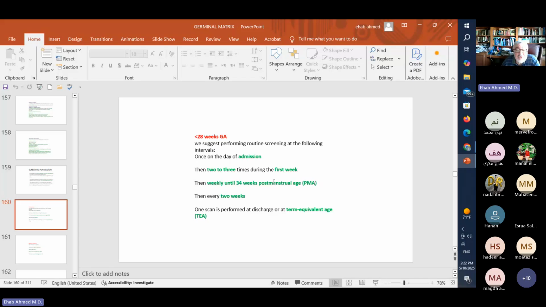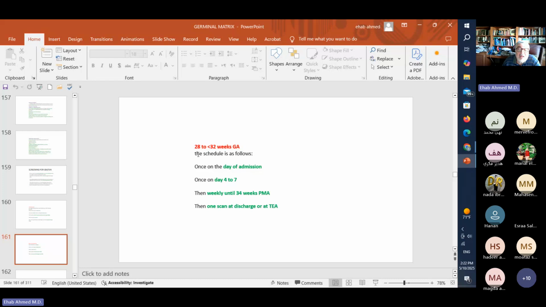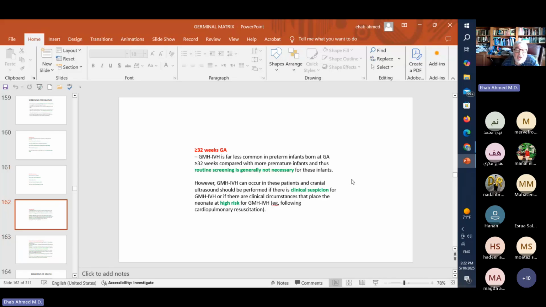If they find hemorrhage, they do it weekly until 34 weeks corrected age, and then every 2 weeks, and then at the time of discharge, or when the baby is corrected term. And if between 28 and 32 weeks, they have a different schedule.